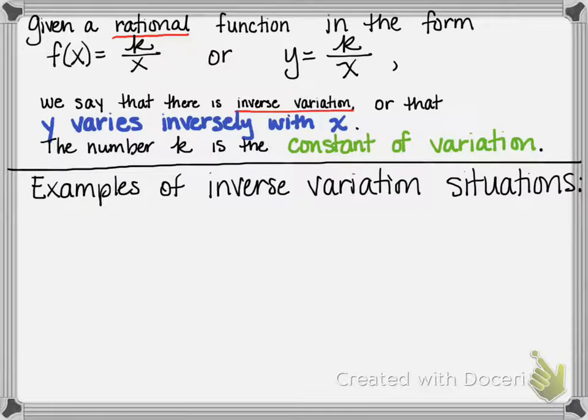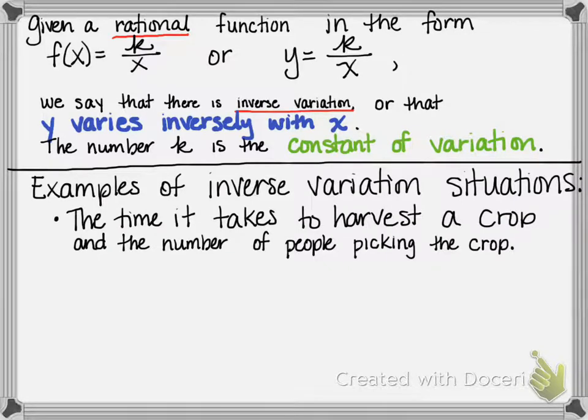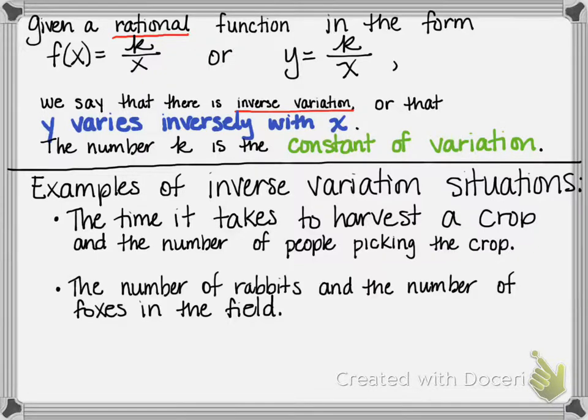What are some real-life situations where we might see inverse variation? Well, the time it takes to harvest a crop and the number of people picking the crop. If you have more people, it'll take less time because many hands make light work. So more people, less time. The number of rabbits and the number of foxes in the field.